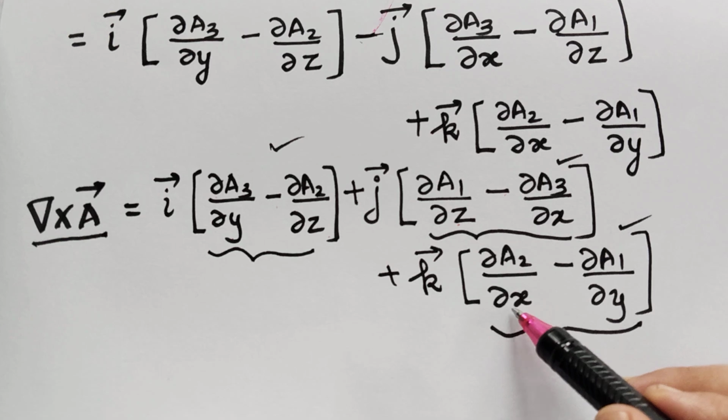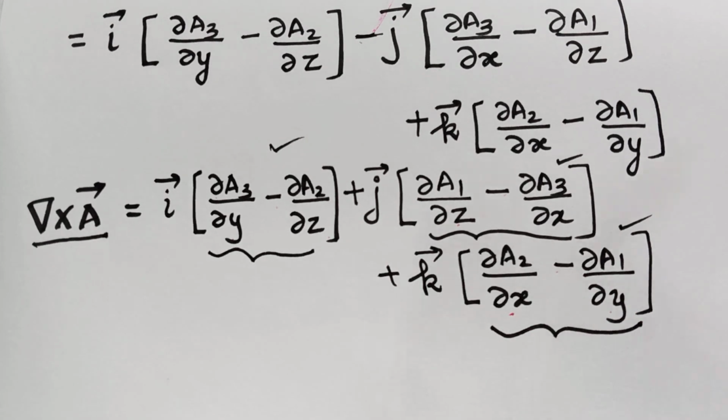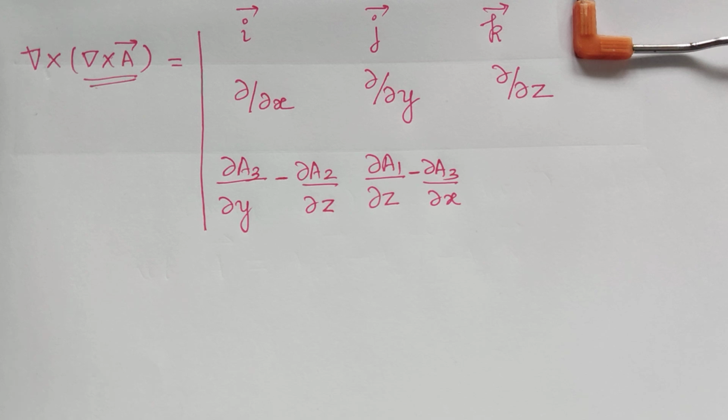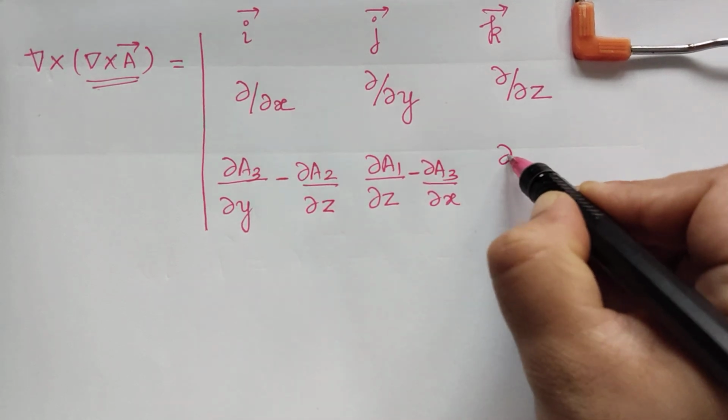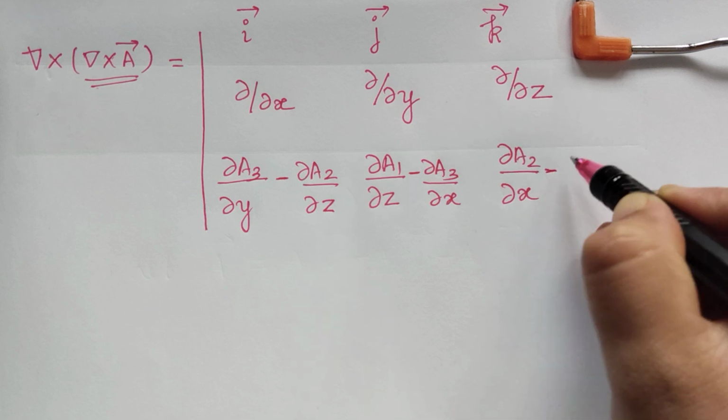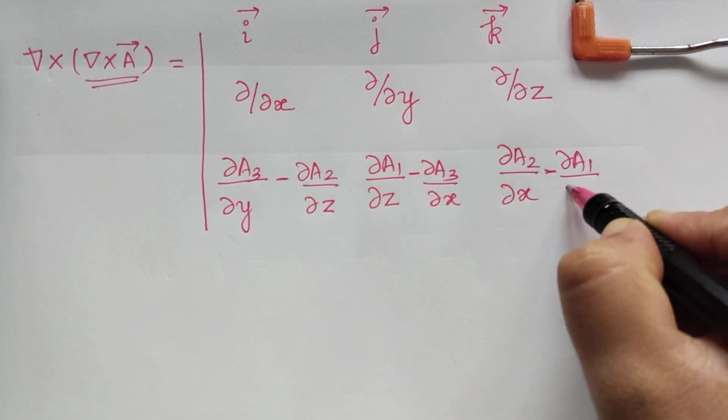Dou a2 by dou x minus dou a1 by dou y. So that we have to write.